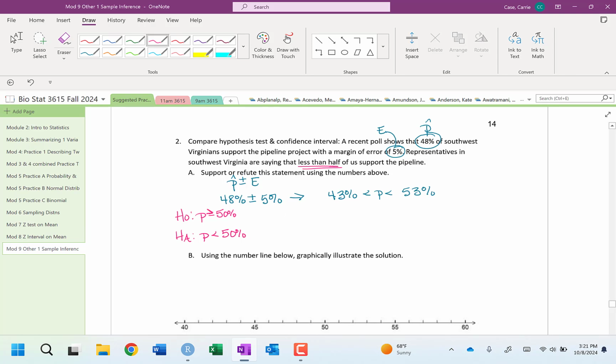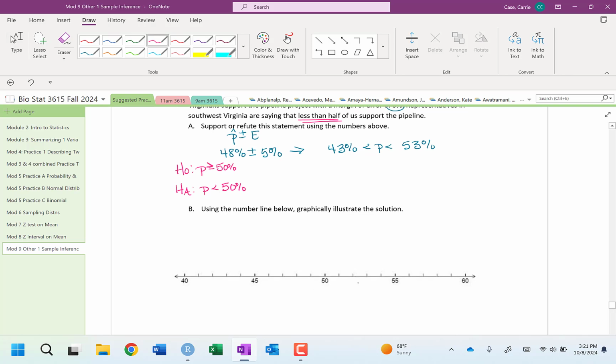So I'm going to graphically illustrate this down here in part B to answer the question. My confidence interval was 43, which is here, up to 53, which is 51, 2, 3 there. And so my true proportion is somewhere in here.